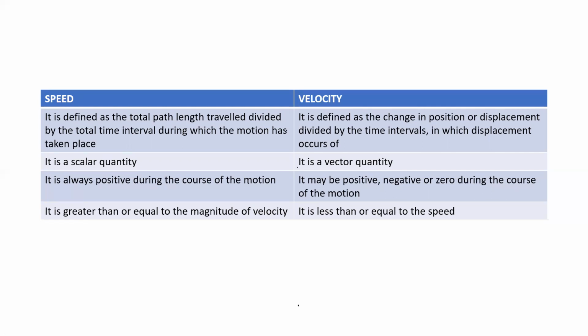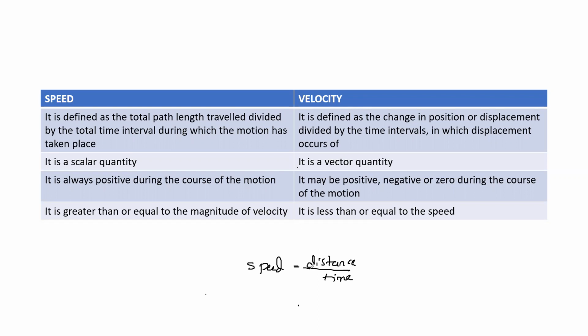When we define the distance traveled by the body, speed is equal to distance divided by time taken. The distance traveled by the body with respect to time is called speed.